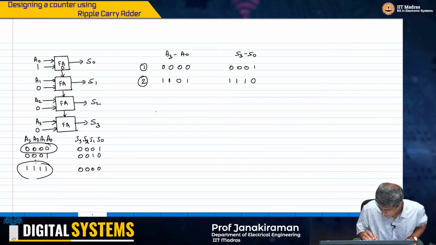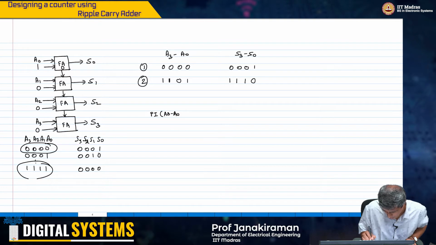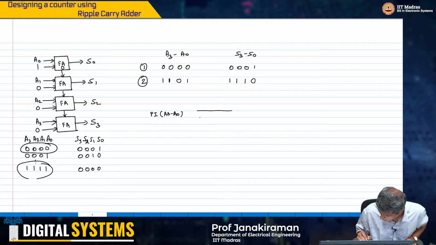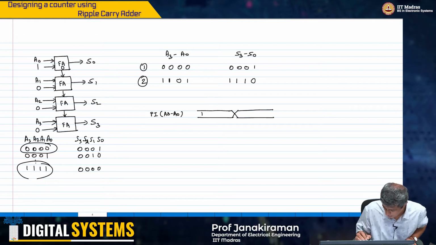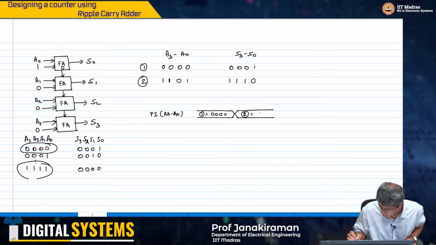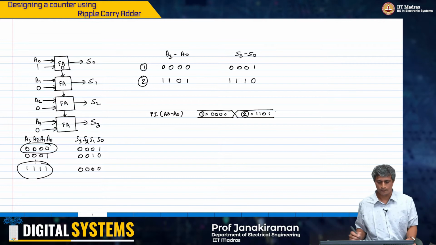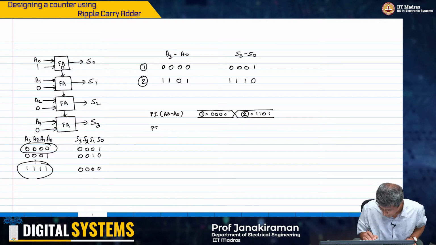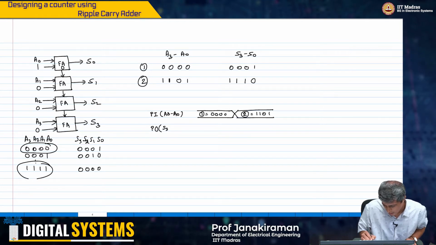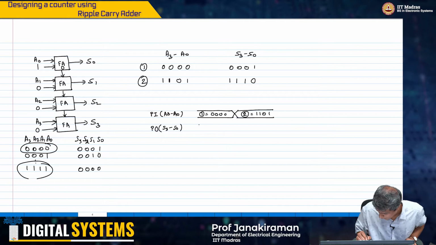So I told you that the primary inputs, which in this case was A3 to A0, is going from state 1, that is state 1 equal to 0 0 0 0, to state 2 which is equal to 1 1 0 1. And I am going to look at the primary output S3 to S0 here.